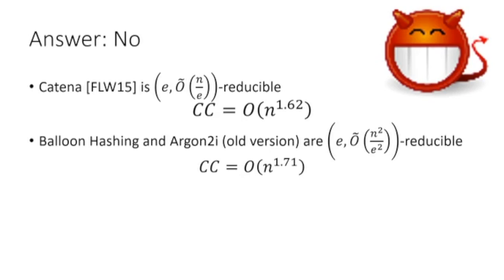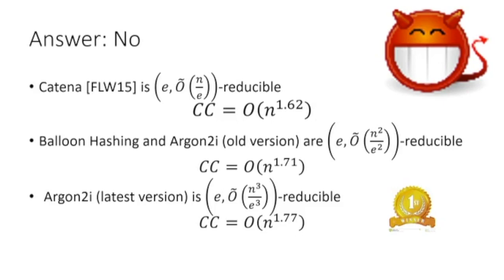So in this case, e and d are both substantially smaller than n, and once again we get significant attacks. And if you optimize these attacks, basically what you get is cumulative cost at most n to the 1.71. So again, the target here is n squared, and we're getting something substantially lower than n squared.